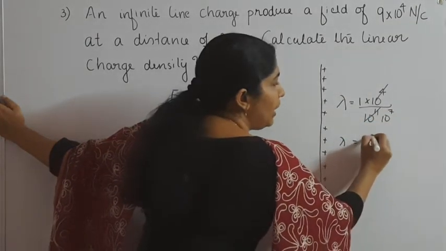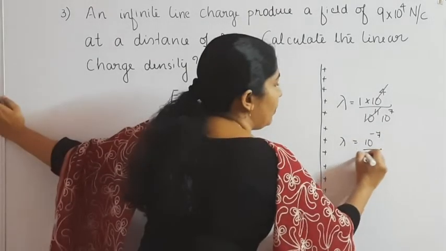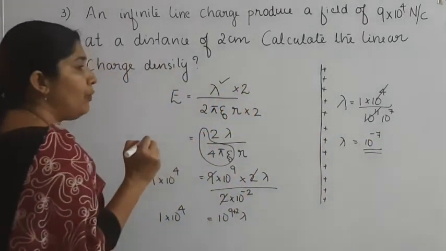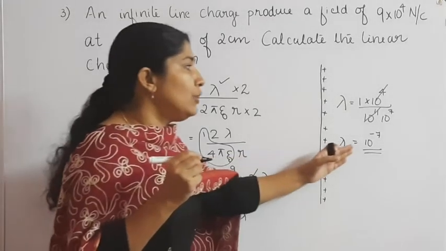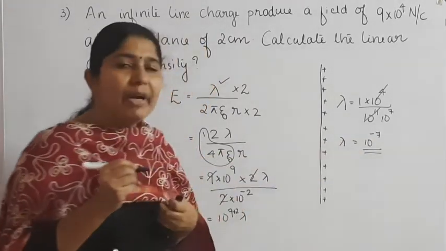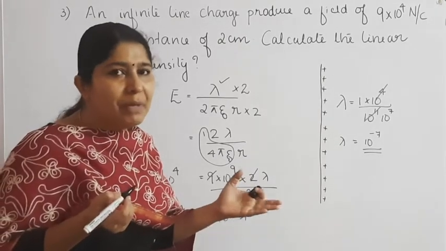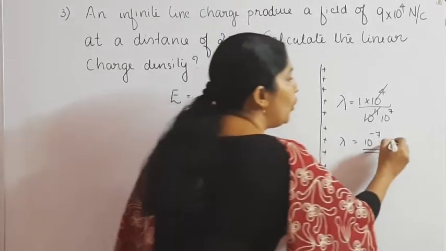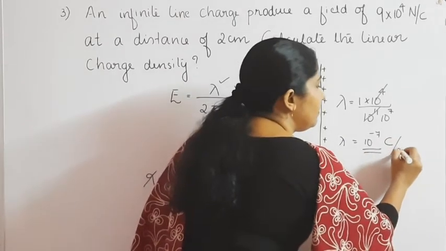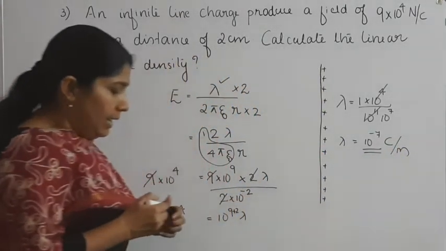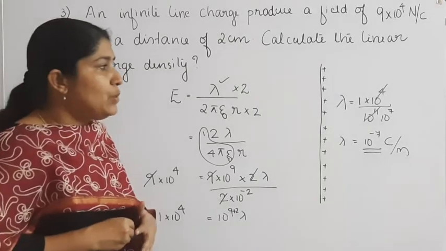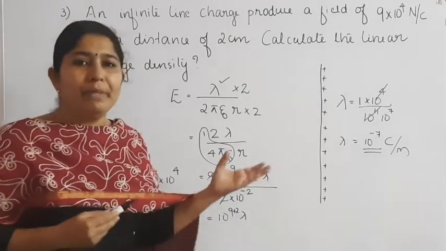Lambda is equal to 10 raised to minus 7. Okay. The value of linear charge density lambda is equal to 10 raised to minus 7. What about its unit? Linear charge density is equal to charge present per unit length. Therefore, Coulomb per meter. Linear charge density is 10 raised to minus 7 Coulomb per meter.